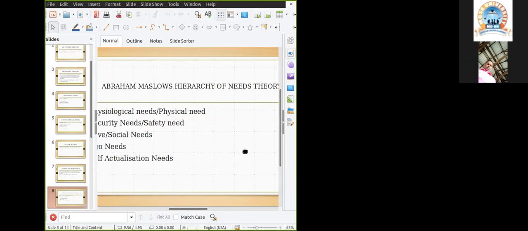Once you have met the ego or esteem needs, then the final needs, the last part of needs that any human being may have, are called self-actualization needs.